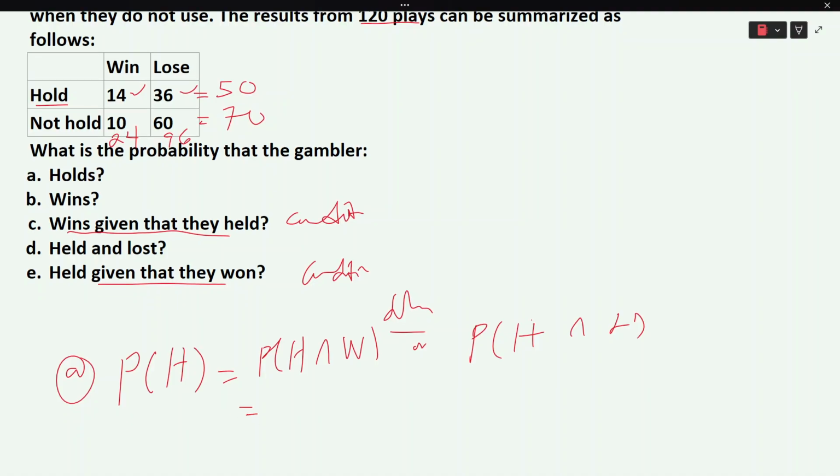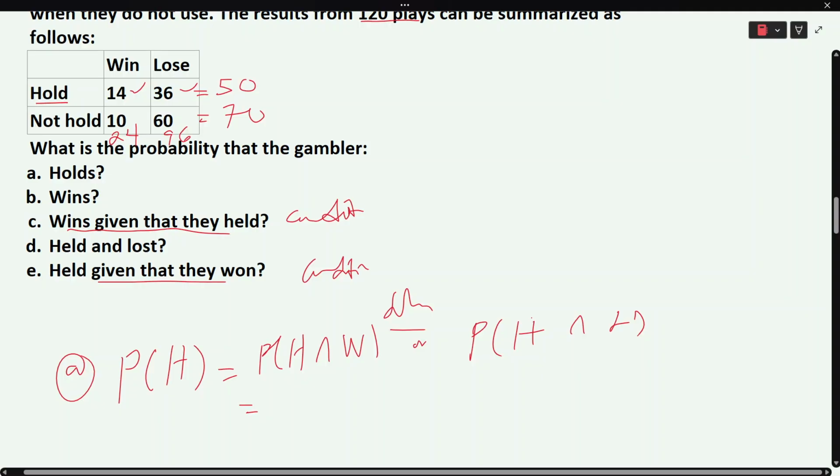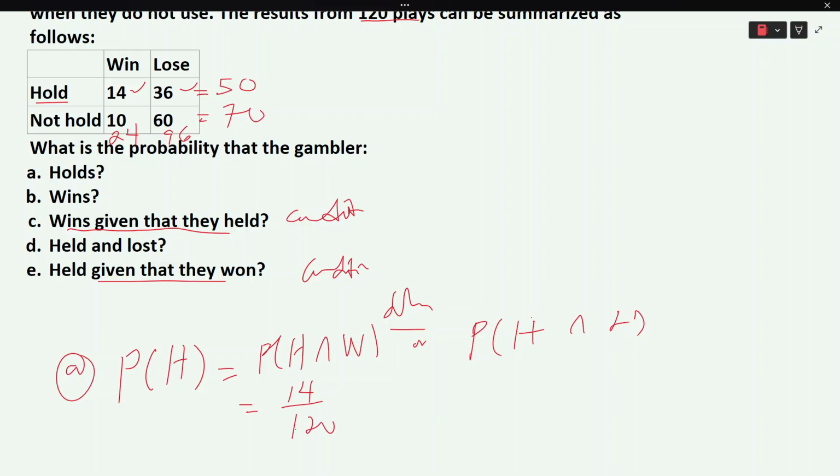Now, what is the probability that the person holds and wins? You have 14 divided by 120, or in probability, addition, as you hold and you lose, which is 36 divided by 120.